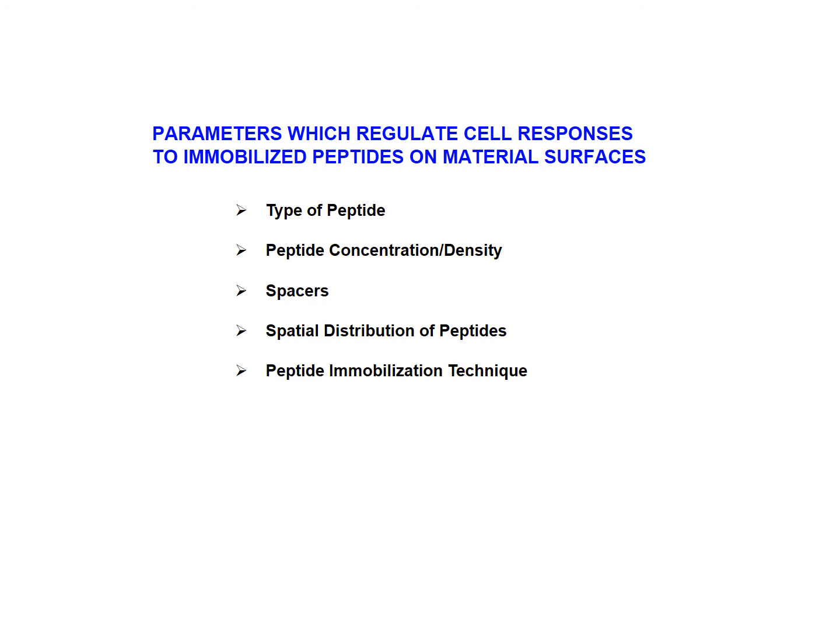Remember, the peptides are composed of a few amino acids. As I said before, 3, 5, 7 maximum. They are very, very small entities, and sometimes when immobilized on the surface, they are too close to the surface and not far enough above the surface for the subsequent interaction with the receptors on the cell membrane.